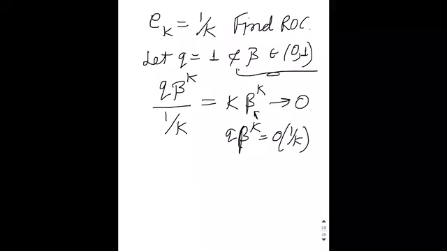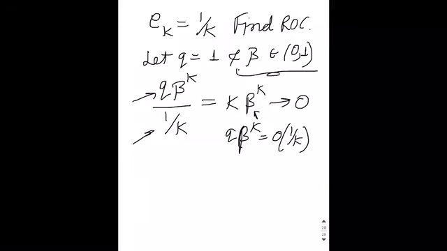This means that q beta to the power k decreases much faster than 1 over k. That is why the ratio tends to 0.